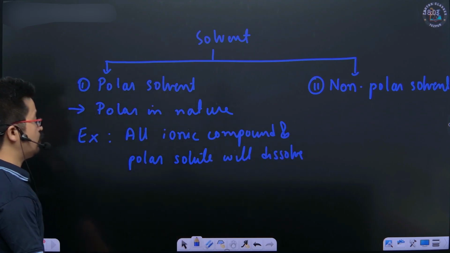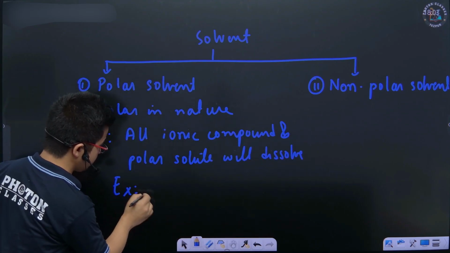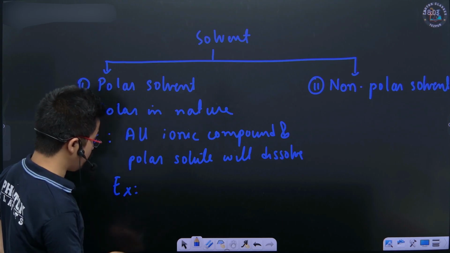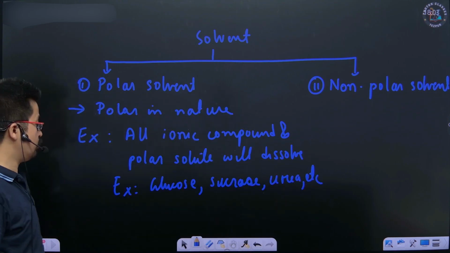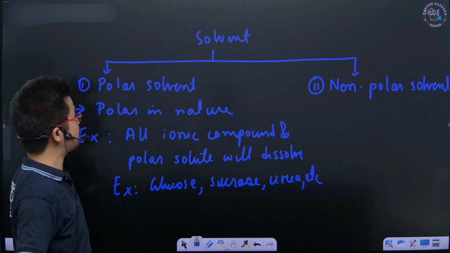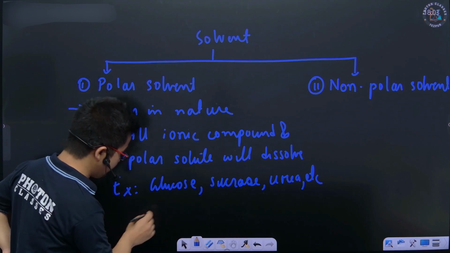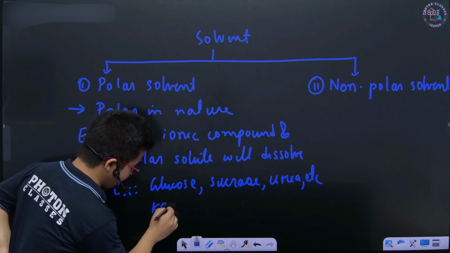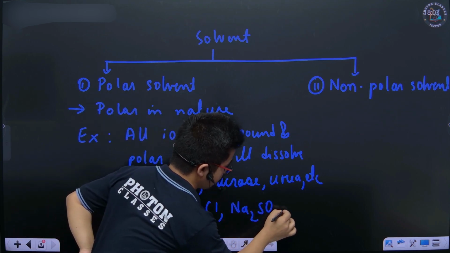Fine. So if you want to take examples of polar solute: glucose, sucrose, urea. So these are some examples of non-electrolytic solute which we had already discussed. So these solutes are polar in nature, and similarly KCl, NaCl, Na2SO4, etc.